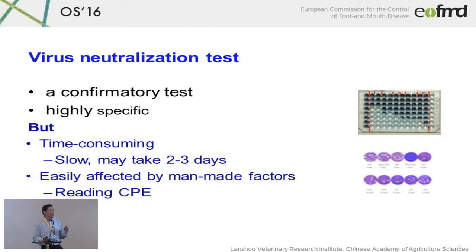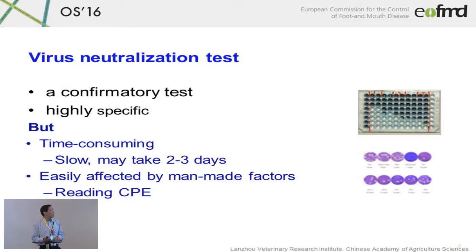But everybody who does the VNT test in the lab will probably agree with me that this test is quite time-consuming and slow. It takes at least 2 or 3 days before you can get the results. Another issue is that you have to read the CPE on the plate, because you look at the virus infectivity on the cells.